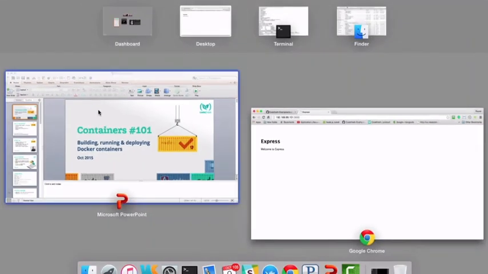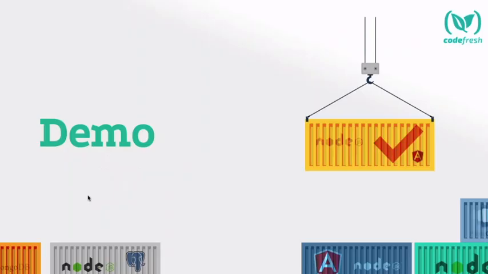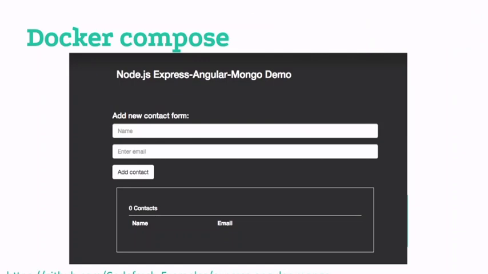Let's go back to the slides and let's see what we're doing next. So next, what I would like to do is demonstrate a composition of more than one container. For that, we have created a simple mini microservice application, if you may say so, that allows you to save contacts in a database.